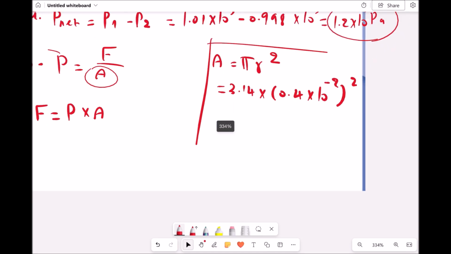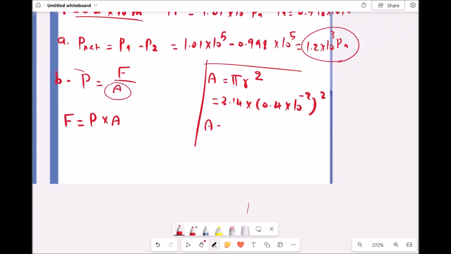You get area is equal to 5.024 times 10 to the power of minus 5 meter squared. Now this is the area of the eardrum, because you had radius in the first place. I told you whenever you have radius, try to find area with it.